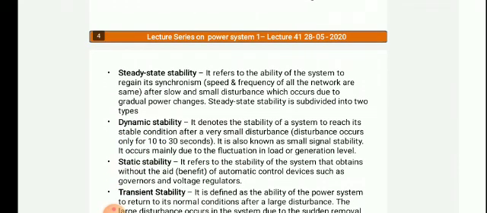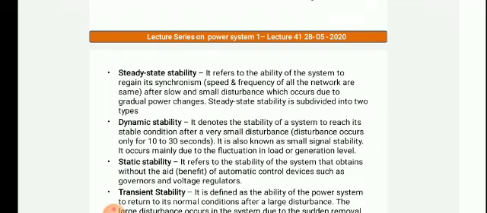Let us define some terminologies that we are going to use repeatedly in this topic. Steady state stability refers to the ability of the system to regain its synchronism, that is, speed and frequency of all the networks should remain the same after a slow and small disturbance which occurs due to gradual power changes.